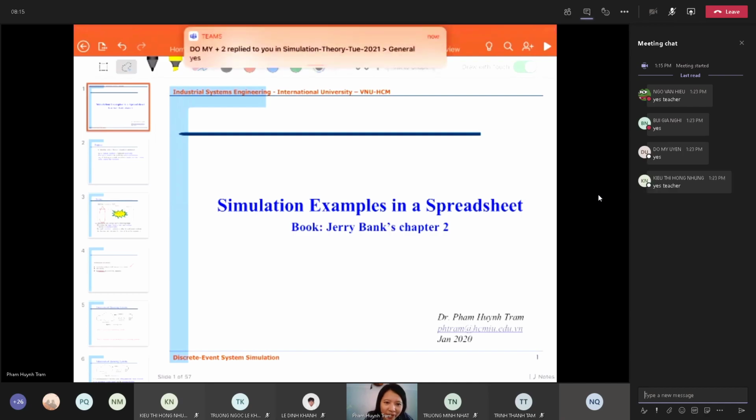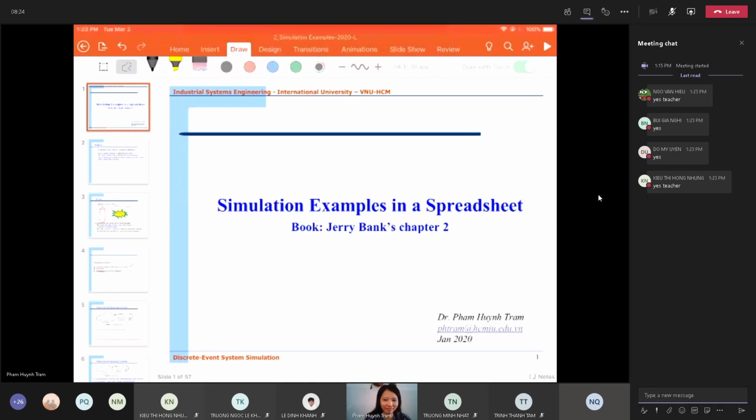Okay. Today we will continue with the simulation examples in the spreadsheet. So last week we took a very simple example of a single channel queue system.